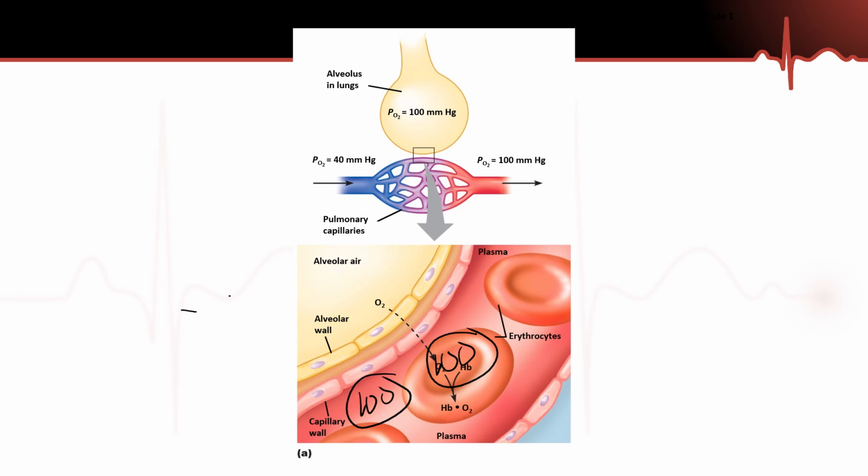But then at the same time, what I tell you should seem rather contradictory, which is you have this red blood cell. Inside of this red blood cell, there's 250 million hemoglobin molecules. To start off with, the hemoglobin within it is 75% saturated with oxygen.